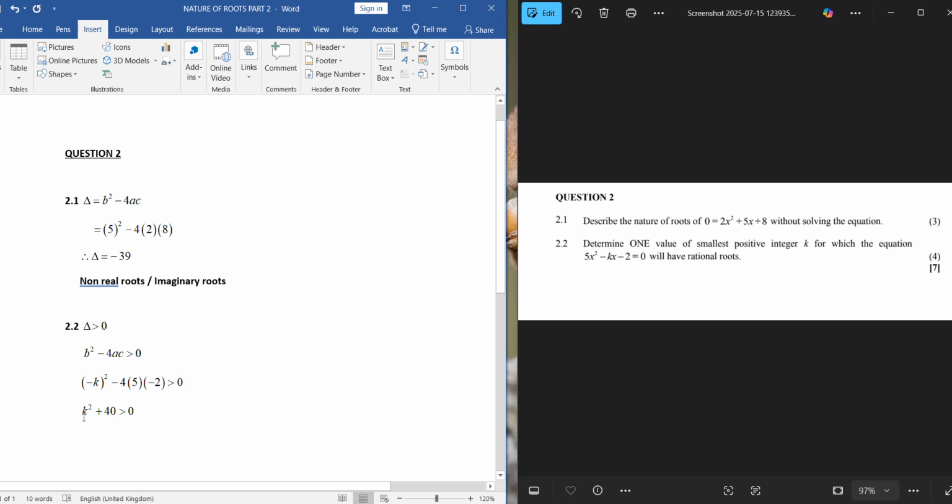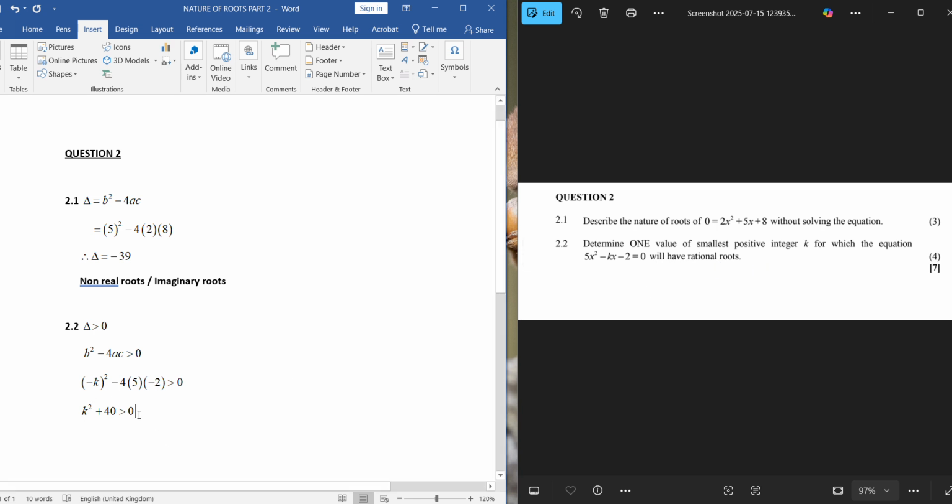We go to positive 3. 3 squared, because we are saying k is equal to 3. Then 3 squared is 9. Then 9 plus 40 is 49. Therefore, 49 now becomes a perfect square. And if delta is a perfect square, we are going to have rational roots.